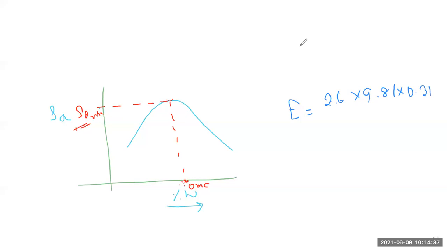Free fall. We are applying the mgh formula, potential energy, mgh, for energy calculation. So the height is 310 mm, changed to meter, 0.31 meter.